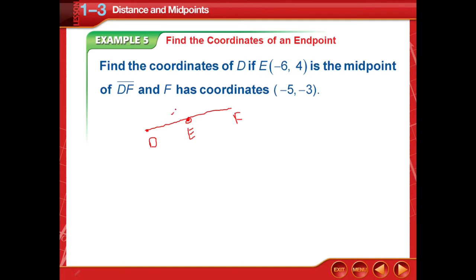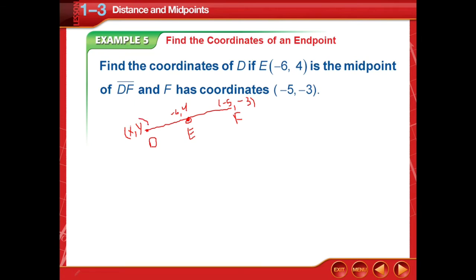I know that this is negative 6 and 4, and F is negative 5, negative 3.